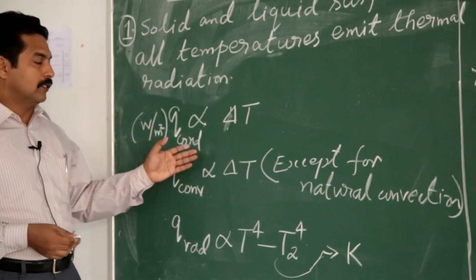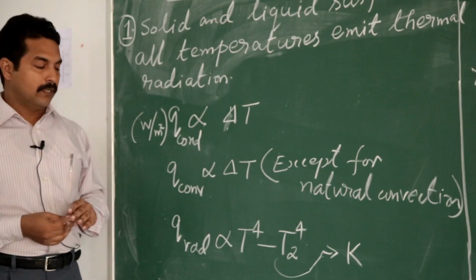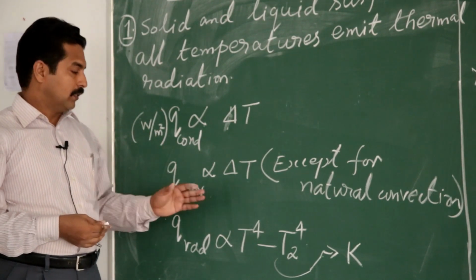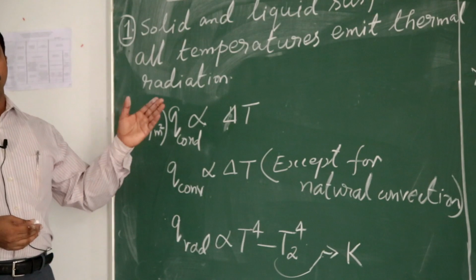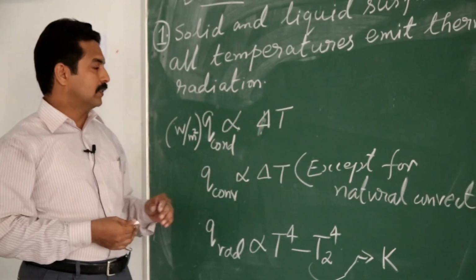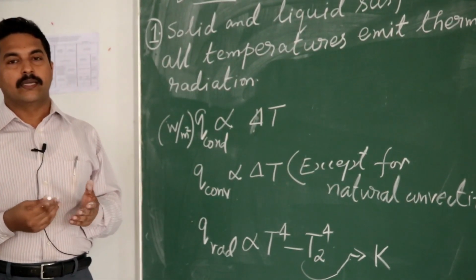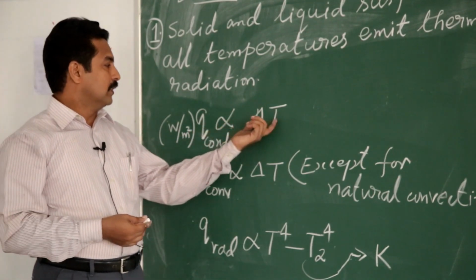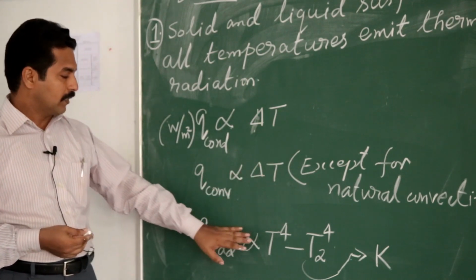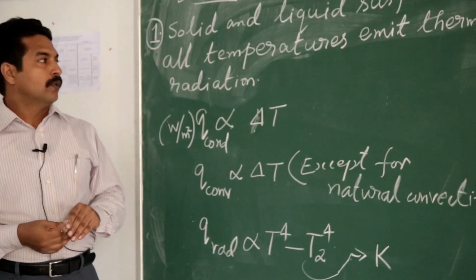But for radiation, the important point is that it varies with absolute temperature to the power of 4. When we consider delta T in the other cases, whether in Kelvin or degree centigrade, the difference will be the same. But here the temperature we have to take in absolute Kelvin. So that is the first point.